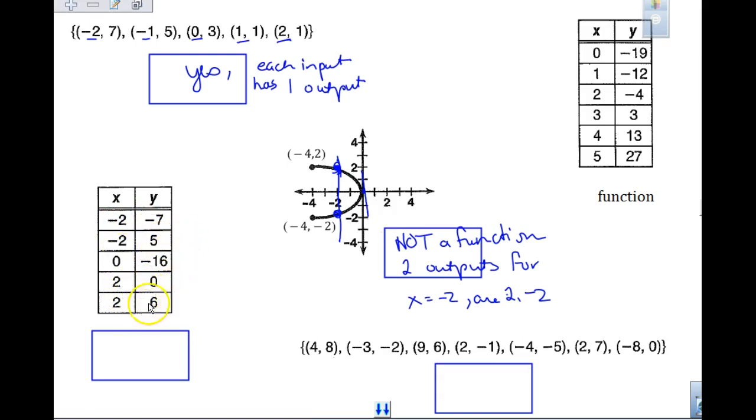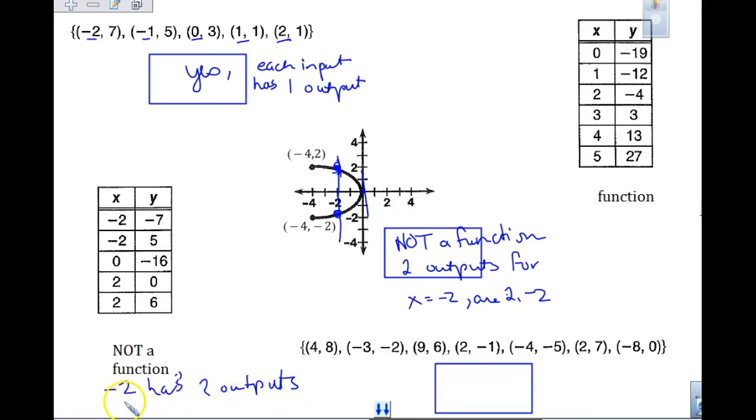And 2 gives me 0, and 2 gives me 6. So not a function. And our reason, you want to make sure that you could easily tell me, is because -2 has 2 outputs, right? The other thing, besides -2 having 2 outputs, 2 has 2 outputs. So be very specific when you are telling that.